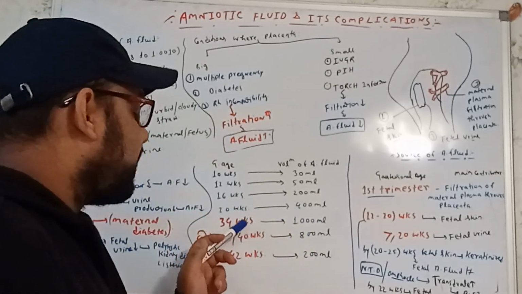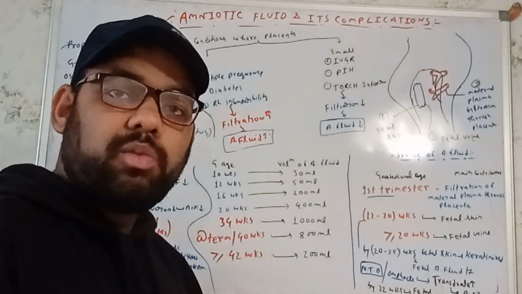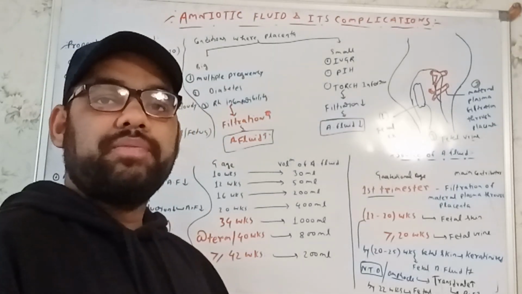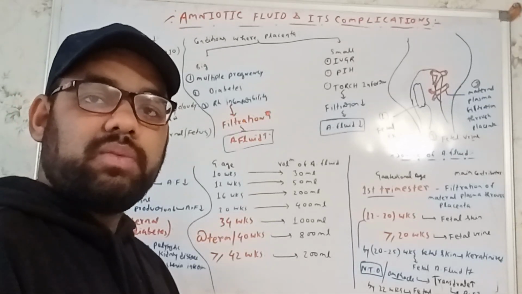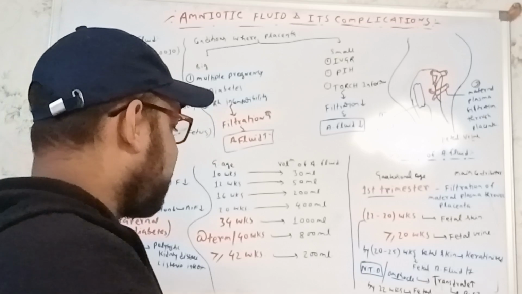At 34 weeks, the volume of the amniotic fluid will be maximum. What did I say? At 34 weeks, the volume of amniotic fluid will be maximum. So how much will that be? Near about 1000 ml or 1 liter.